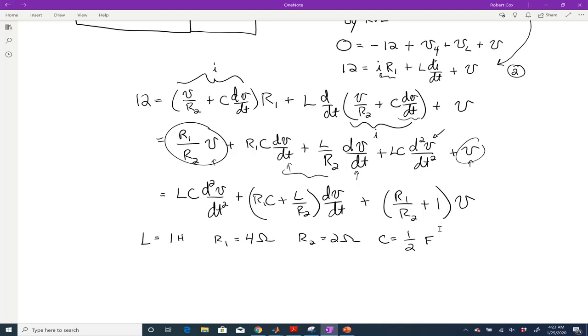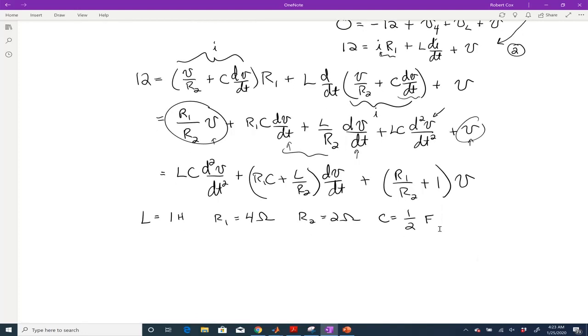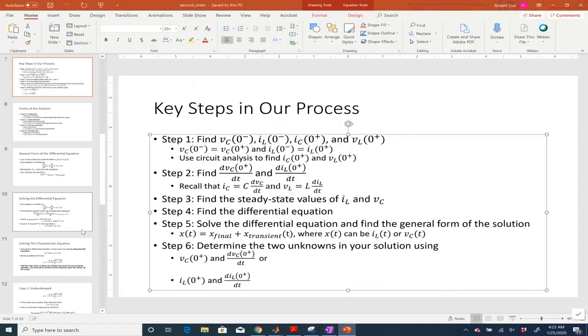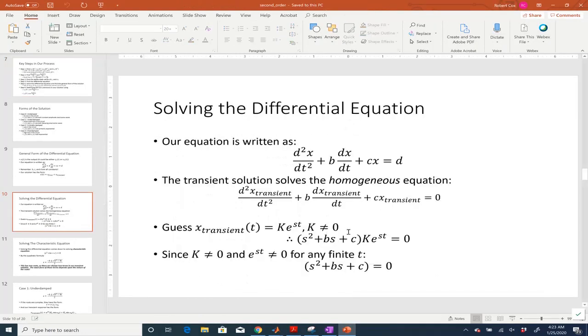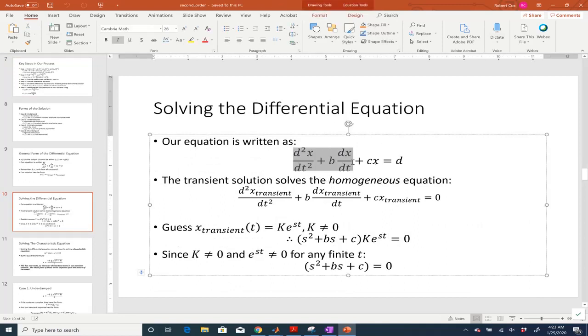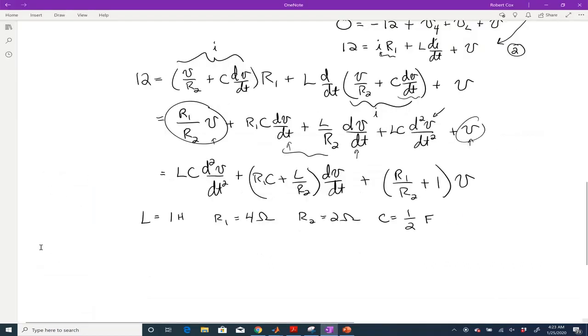Before I plug in numbers, remember our general form of that differential equation. I'm going to copy that over here. My general form is such that I have a coefficient of 1 on the second derivative.